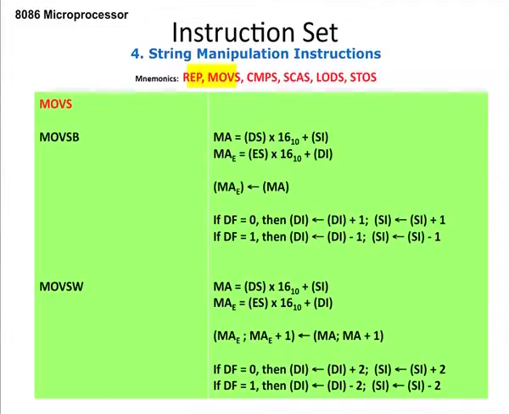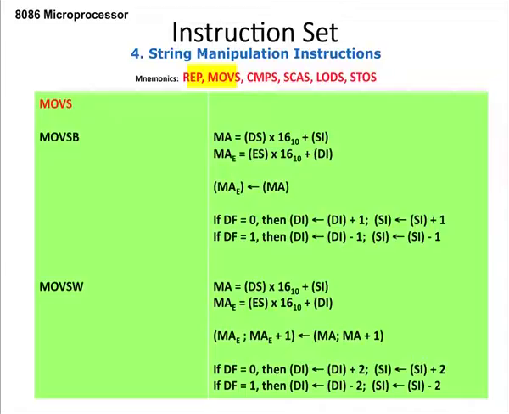Now let us see some more instructions for string manipulation. The instruction is MOVSB. It stands for move string byte. This instruction is used to move a whole string byte from one set of locations to another set of locations. The process is governed again by CX register.